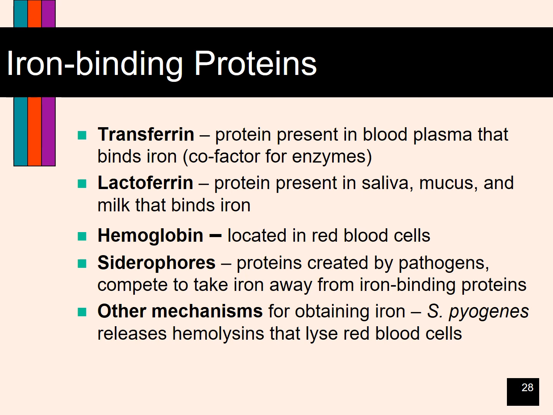It has these proteins called hemolysins, lysing the red blood cells, and that is used to obtain iron from the red blood cells, which are packed with hemoglobin, which have a lot of iron. So this would be another mechanism for obtaining iron from our iron binding proteins.